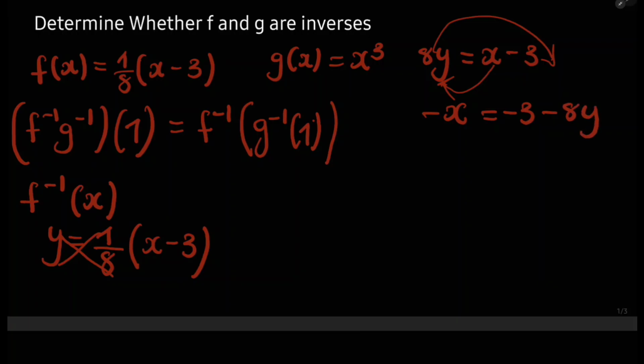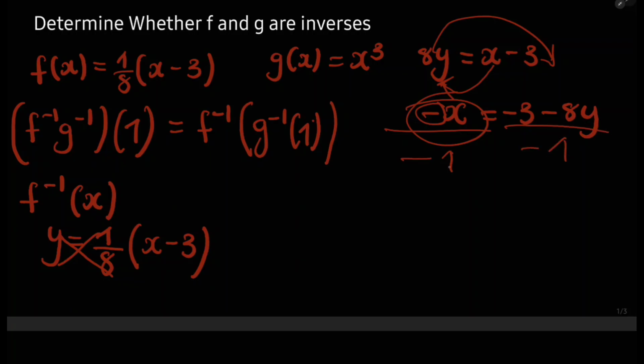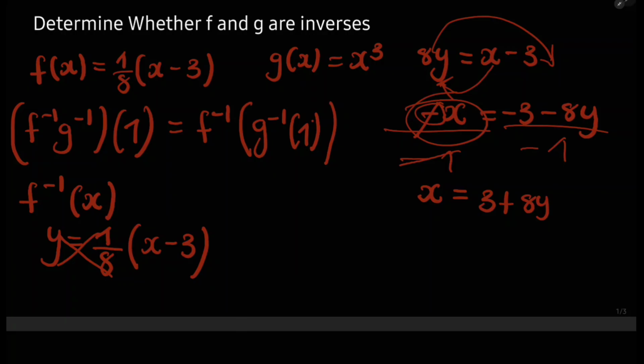This is not the end because our x here is not yet alone, it has a negative number. So here we are going to divide both sides by minus 1. This will cancel and we are going to have x equal to 3 plus 8y.